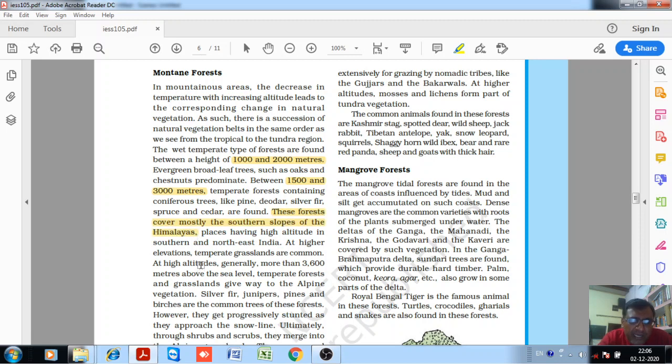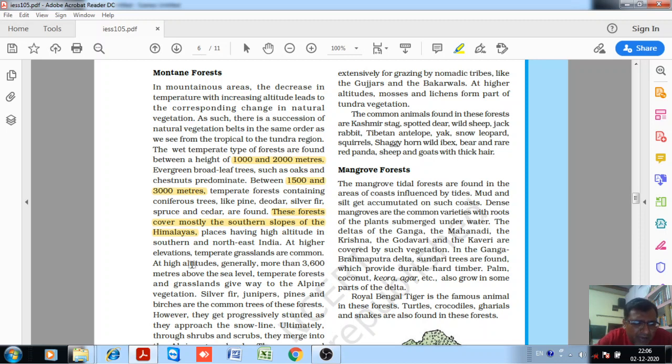When the earth rotates from west to east, the sun rises from the east and the southern slopes of the Himalayas experience the sunlight, while the northern slopes of the Himalayas do not experience the sunlight. That's why these mountain forests are found on the southern slopes of the Himalayan mountains.